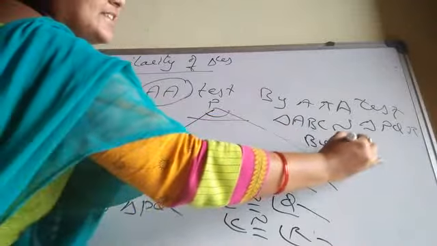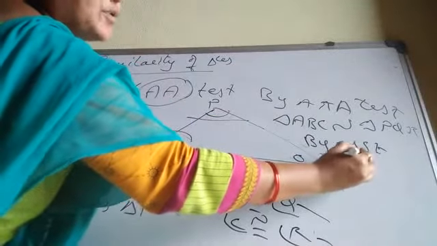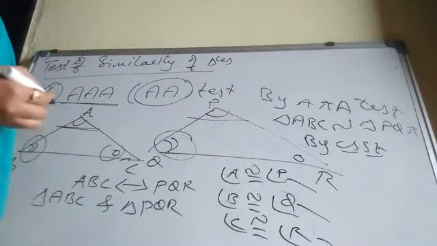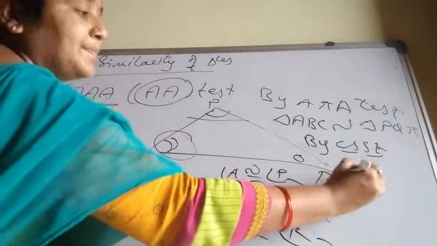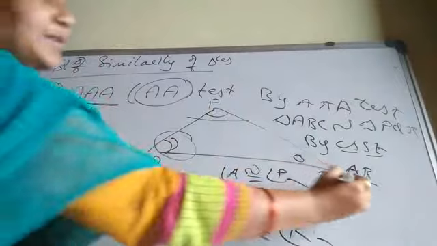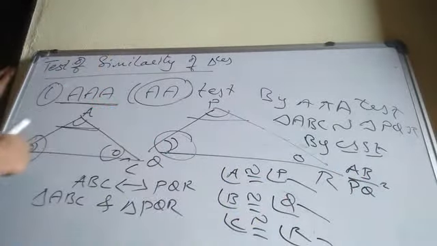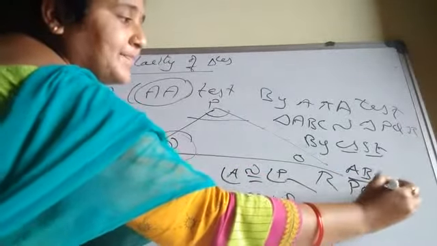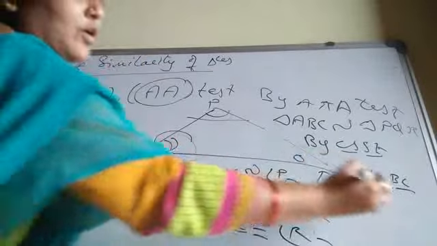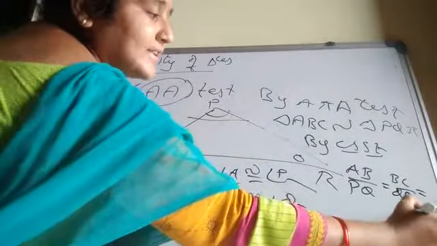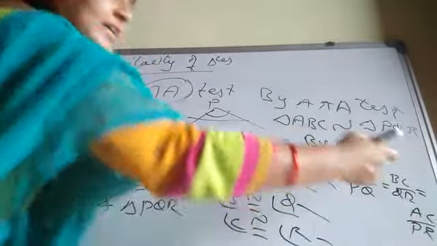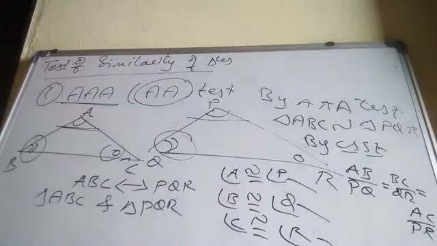By CSST, corresponding sides of similar triangles: AB upon PQ is equal to BC upon QR is equal to AC upon PR. Corresponding sides are in the same proportion.